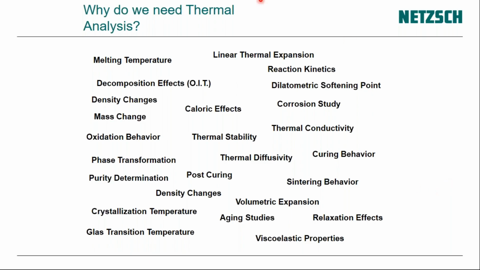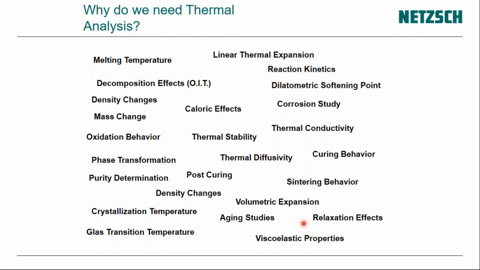Now, why do we need thermal analysis? We can determine the melting temperature, linear thermal expansion, decomposition effects, mass change, thermal stability of a material, phase transformation, purity measurement, the glass transition temperature of a polymer from a solid stage to a rubbery stage, and the crystallization temperature, which is very important to determine the strength of a material.